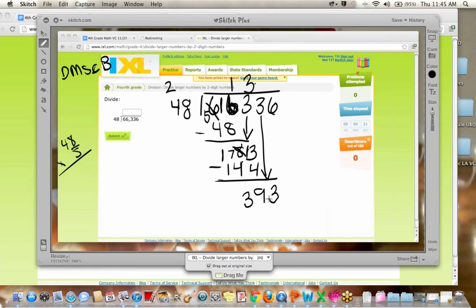Oh my goodness. So obviously we're going to do something much bigger than a 3 because now I'm fitting 48 into 393. So what do I want to try? Do I want to try like a 7, an 8? Go ahead and type into the chat what number you want me to try up here.